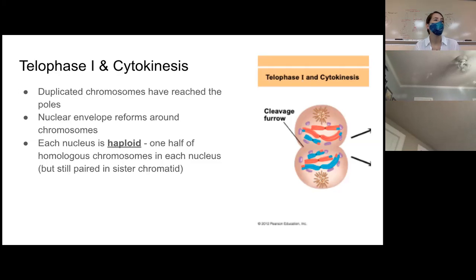We still have sister chromatid pairs, but we don't have our homologous chromosome pairs. We only have 1/2 of our homologous chromosomes. Okay? All right, now, like I said, we're gonna go through all this again.